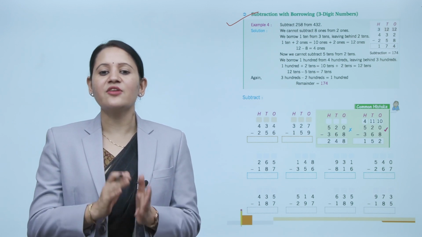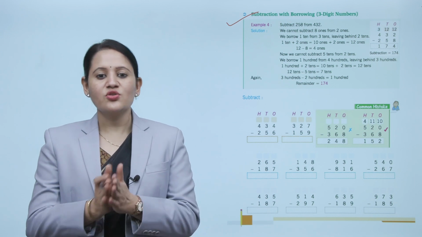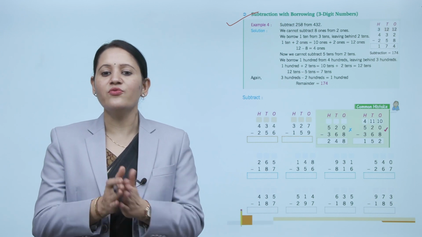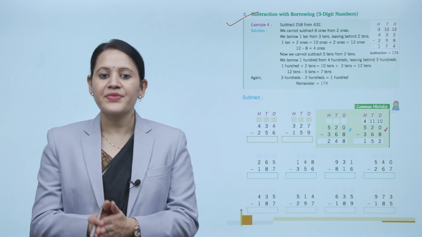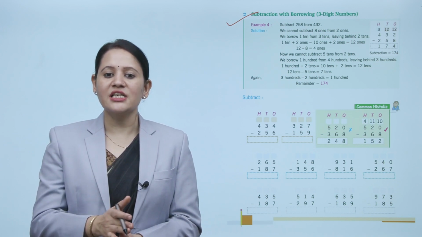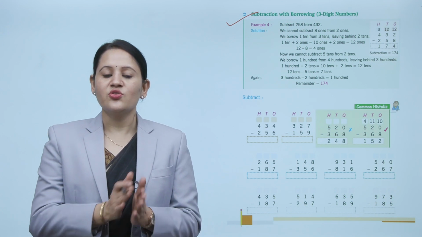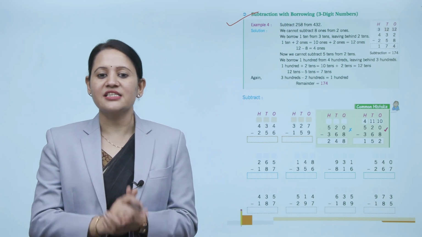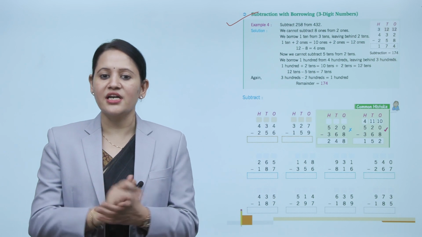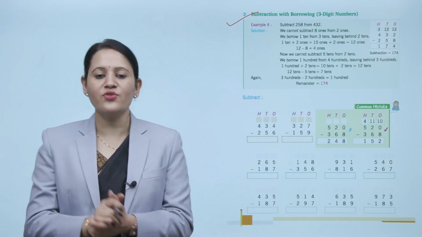Now we cannot subtract 5 tens from 2 tens. So we borrow 100 from 400, leaving behind 300. So 100 plus 2 tens, that is 10 tens plus 2 tens, that is 12 tens. 12 tens minus 5 tens, that is 7 tens. 300 minus 200, that is 100. Remainder is 174.